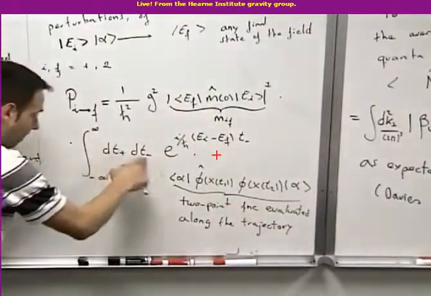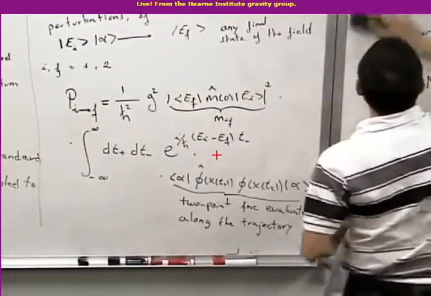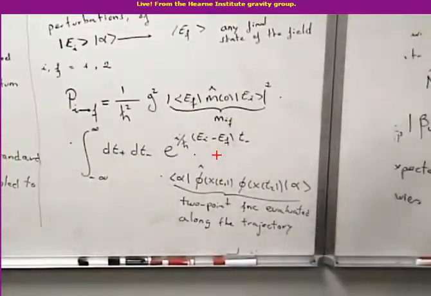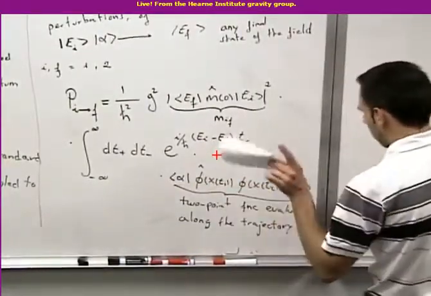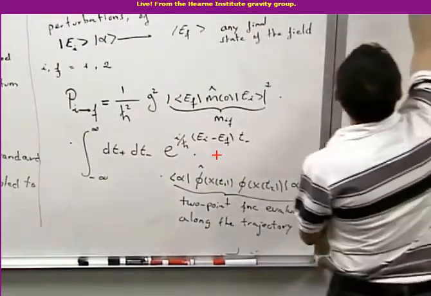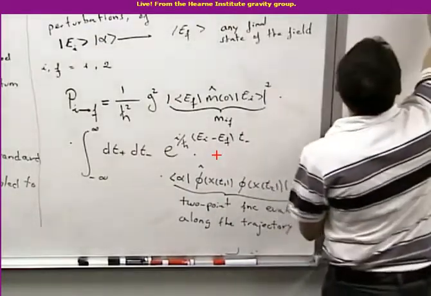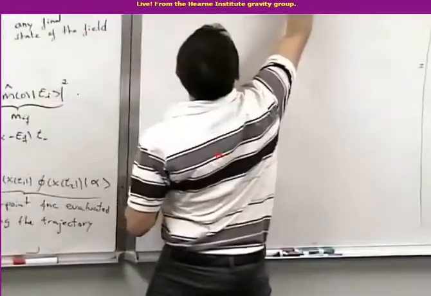So it's an integral along the trajectory. Let me tell you what was t minus, t plus, and t there, because this was true for any state of the field and any trajectory. So t, in that case, is the proper time along the trajectory.